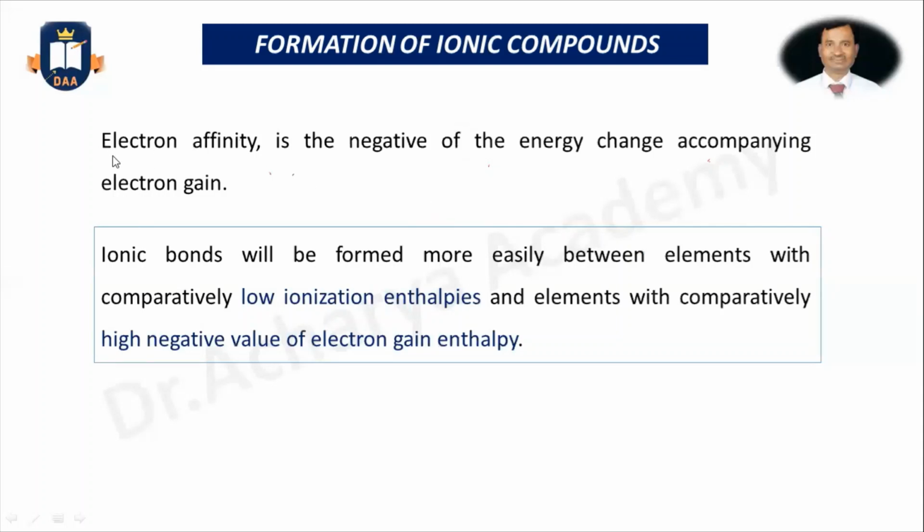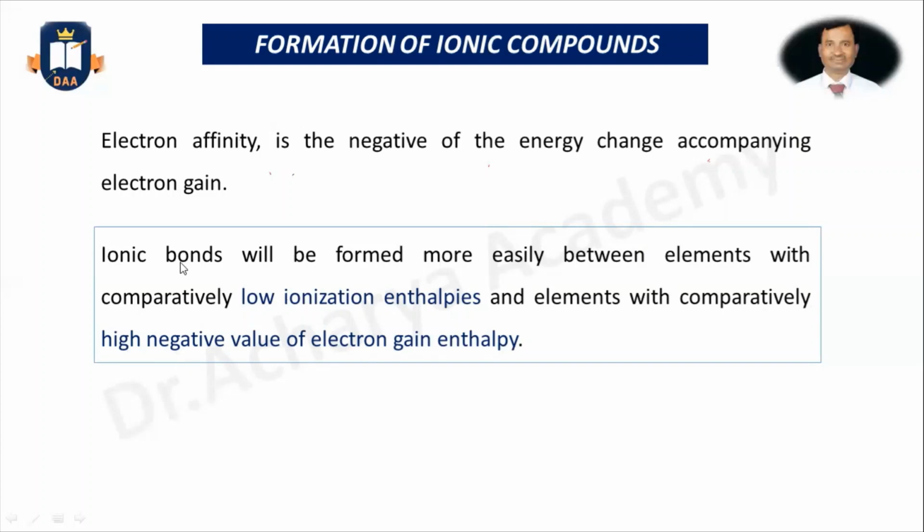Another factor is called the electron affinity. What is the electron affinity? It is the negative of the energy change accompanying electron gain. We'll give one example. Ionic bonds will be formed more easily between elements with comparatively low ionization enthalpies and elements with a comparatively high negative value of electron gain enthalpy.